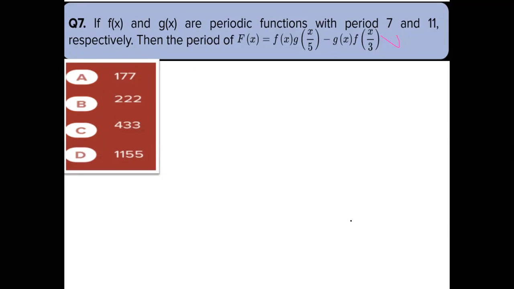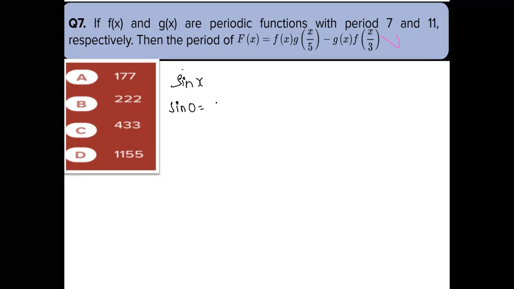You people just listen to me carefully. Periodicity: periodic functions are those where after a certain value, the function repeats its values. Suppose I say the sine function is periodic. Why? What is the value of sine 0?